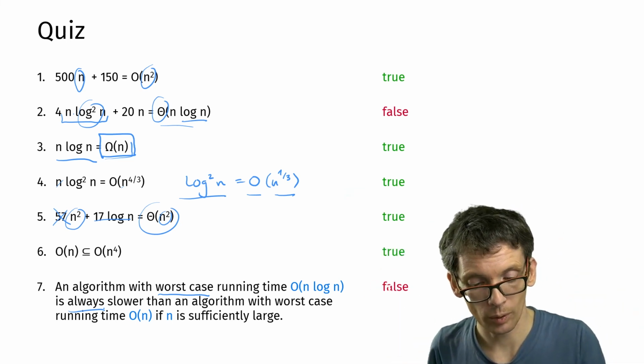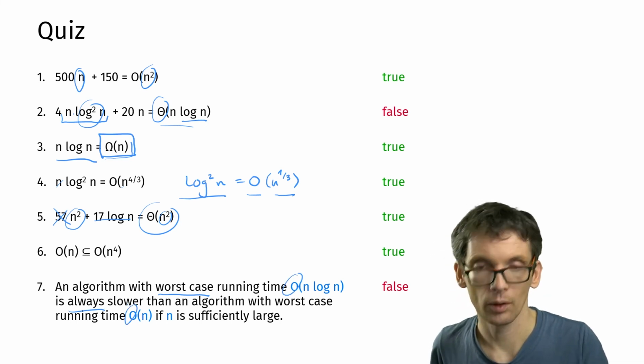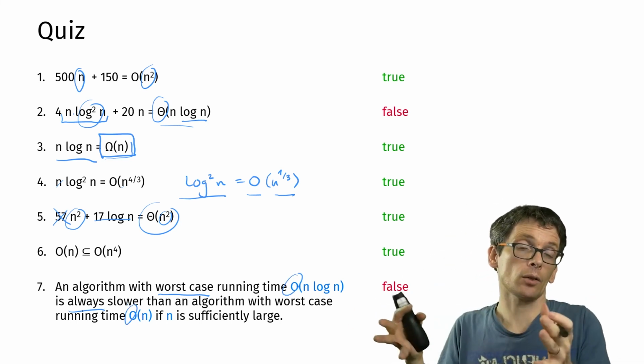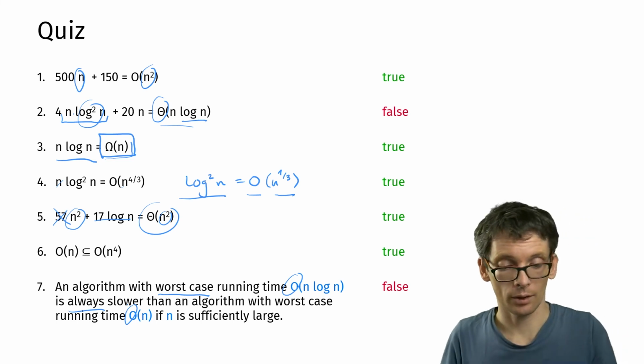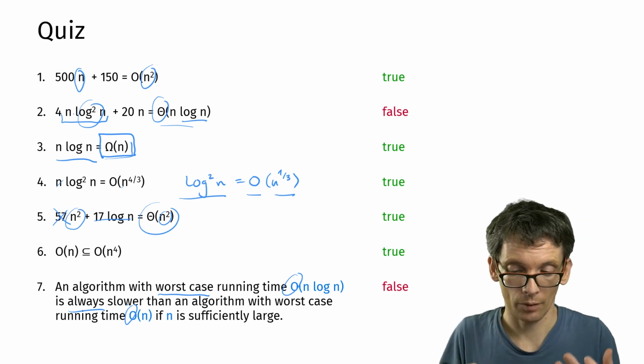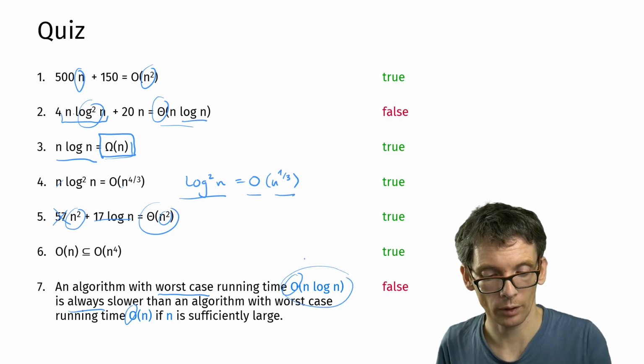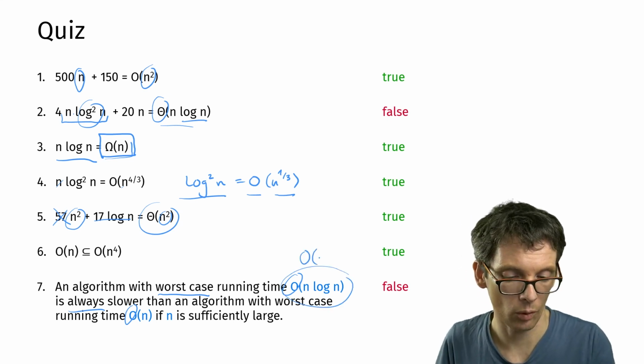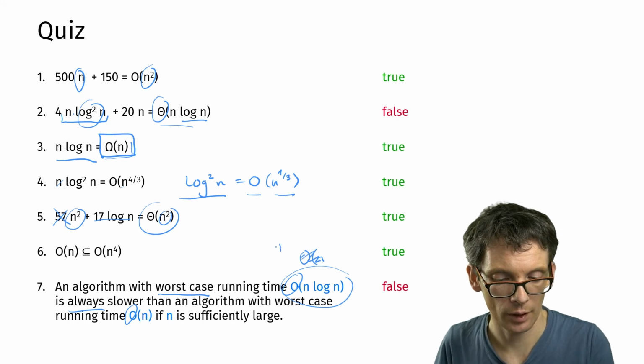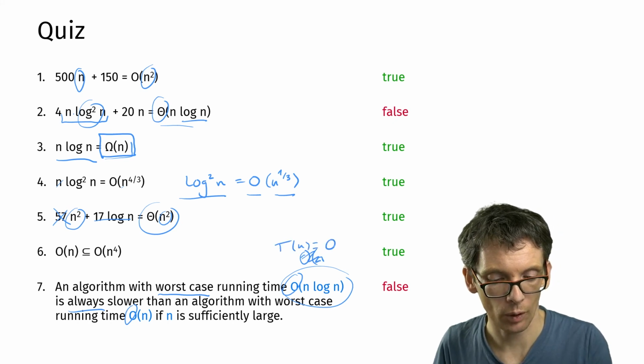It's also wrong because I only know O, and everything that goes at most as fast as this fits this description. In particular, this O of n log n could be hiding a T of n that is of order square root of n.